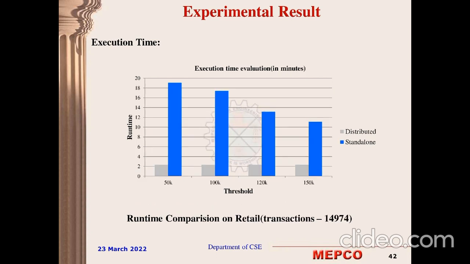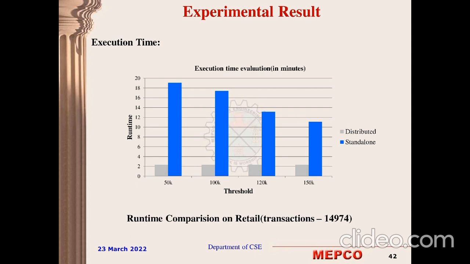We can compare this by executing another dataset, the retail dataset. The retail dataset contains around 14,974 transactions. These transactions are greater in number compared to the Foodmart dataset, and here also we are evaluating the runtime by varying the threshold value.